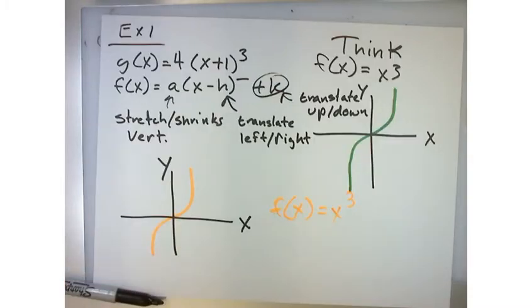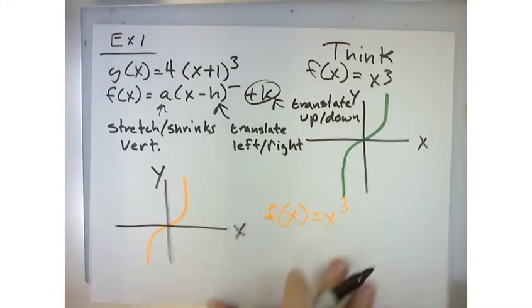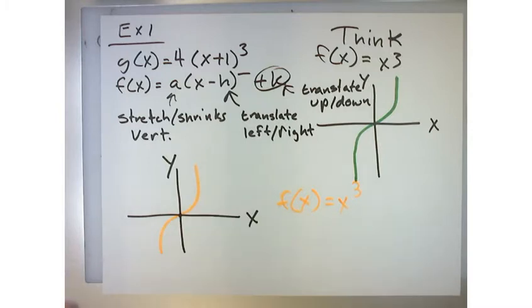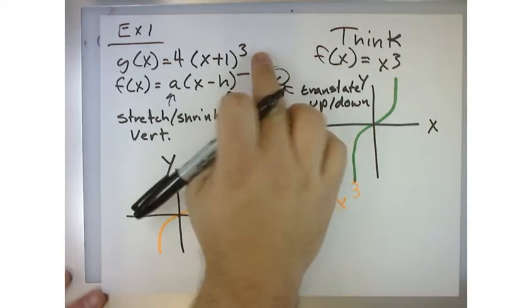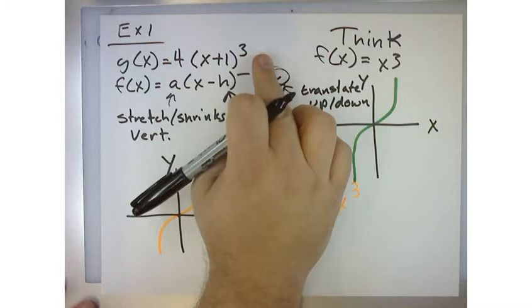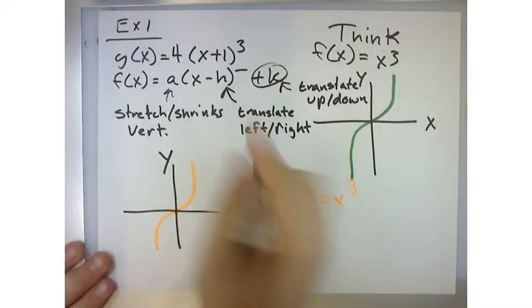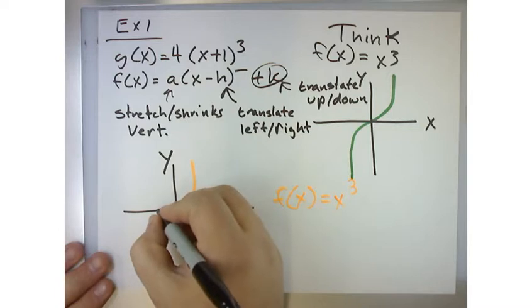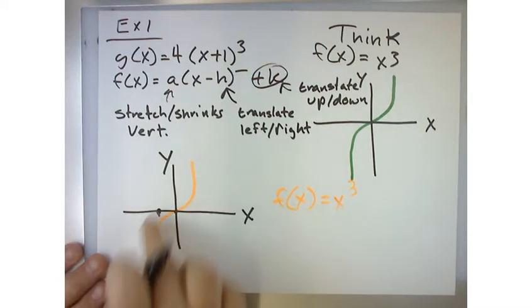Now to graph this thing by hand without using a calculator, I pick a point. This is the origin. So that's where it crosses the x-axis. I don't have a vertical shift because I don't have a plus or minus on the outside over here. So I'm not going to shift up or down, but I have a minus 1, so I'm probably going to shift 1 unit over here. So my new origin is here.